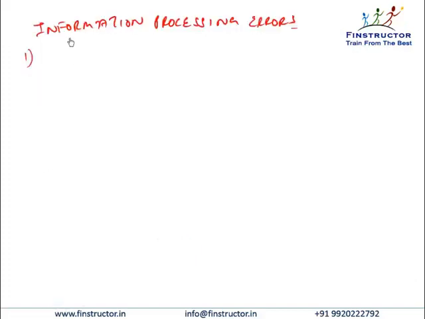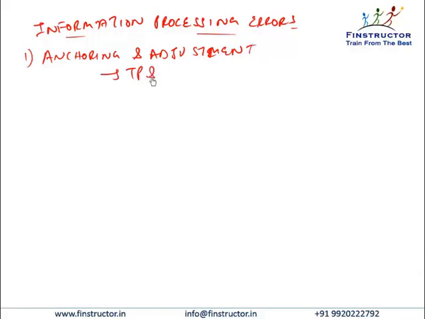So we'll revise the 4 information processing errors. The first was anchoring and adjustment. That just said that the target price or the earnings per share or the estimate will not be fully revised. We will be biased by our original forecast, and we tend to stay around the original forecast and fail to completely revise our estimate based on the new information.